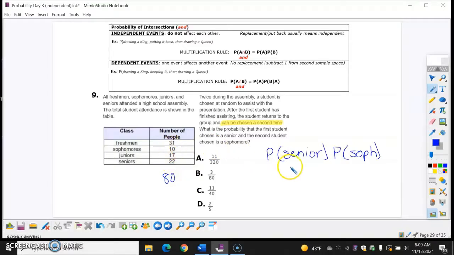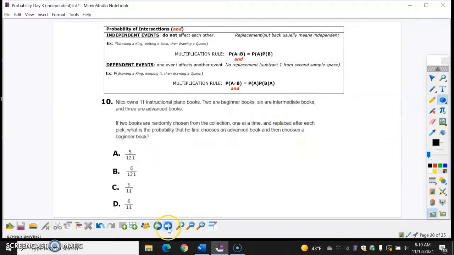The probability of a senior would be 22 out of the 80. And if that person that is chosen returns, there would still be 80 to choose from the second time. The probability of a sophomore would be 10 out of those. And if you multiply and simplify, that's going to give you 11 out of 320.